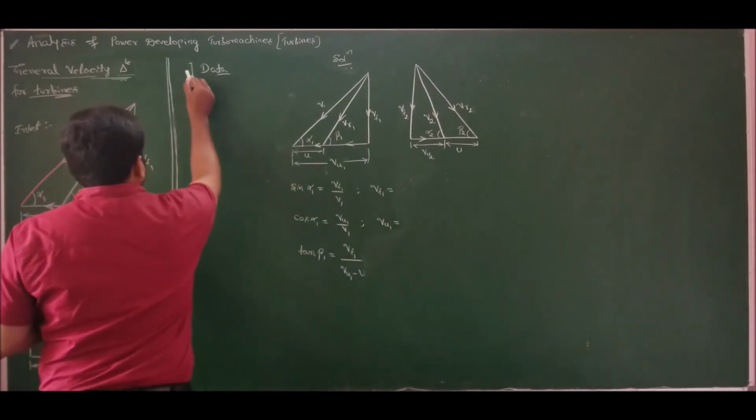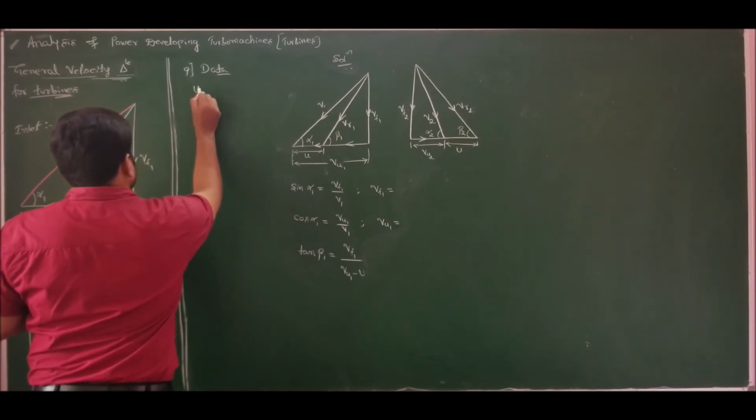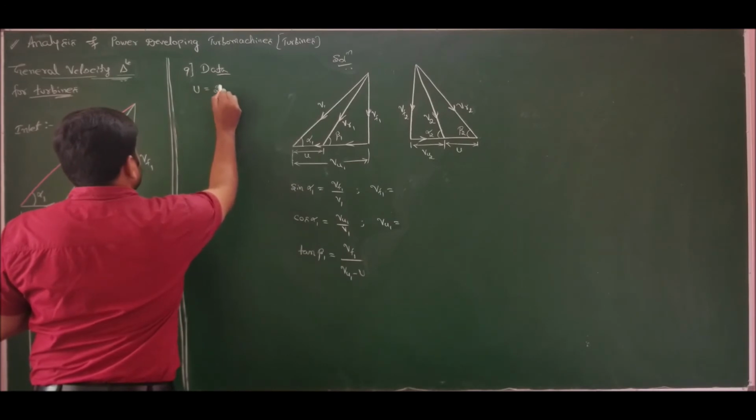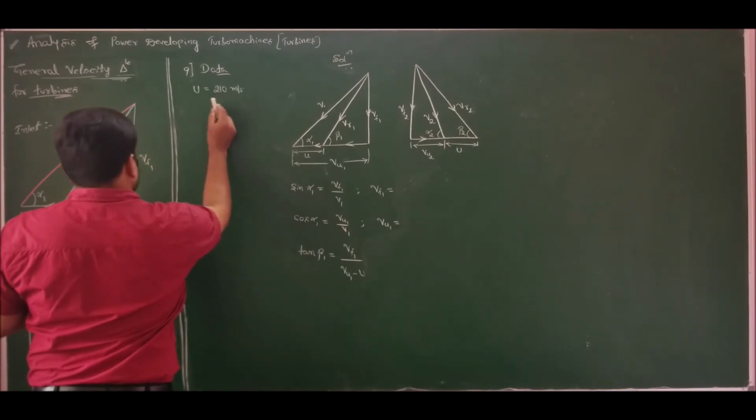If I list out the data given for problem number 9, the mean rotor blade speed for an axial flow turbine stage with 50% degree of reaction is 210 meters per second. So mean blade speed, rotor blade speed is 210 meters per second for an axial flow stage with R equal to 0.5.